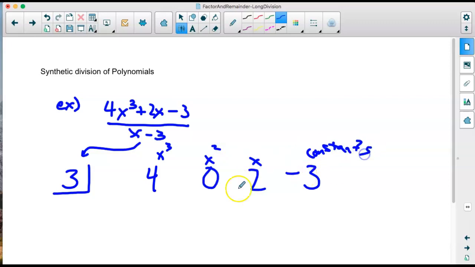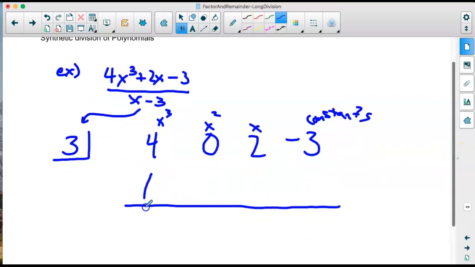Okay, the process is we draw a line. We bring down the first value, 4. We multiply by the box. We put the answer to that in the next column and we add these two together. So we get 12. Multiply again, 36.